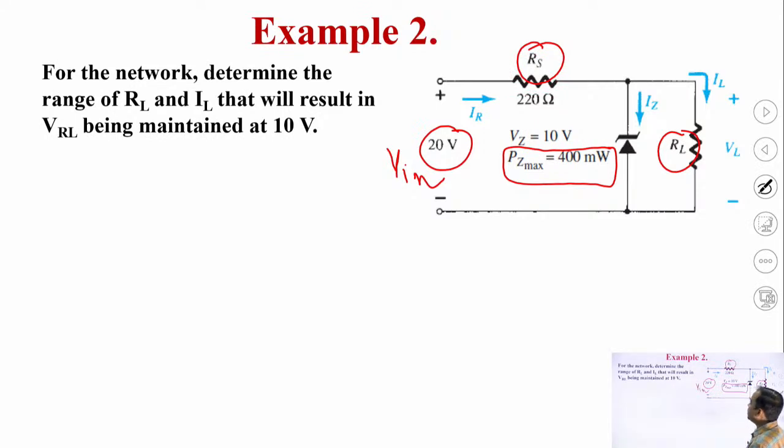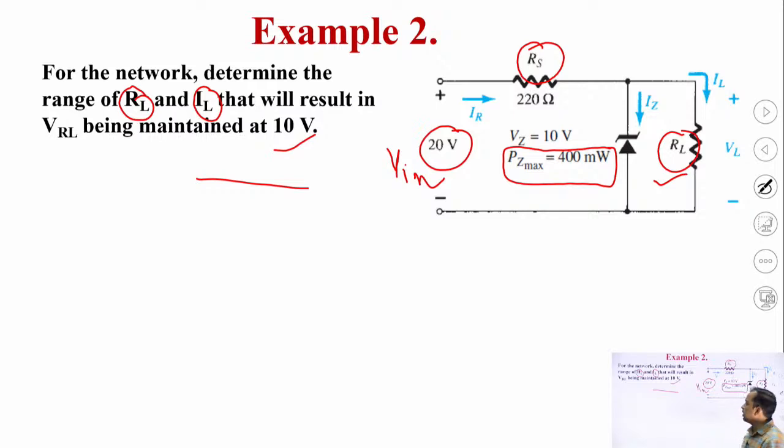From the statement, for the network, determine the range of RL and IL, that will result in the voltage drop across RL being maintained at 10 volts. So we have to find the satisfactory range for the load resistance as well as the load current.